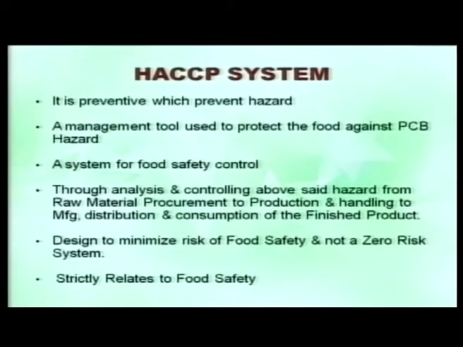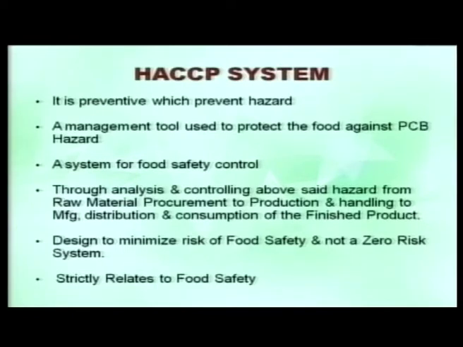Now, just before we go into detail about the prerequisite programs, here is an overview of the HACCP system, which is a preventive system to prevent hazards. It's a management tool to protect the food against physical, chemical and biological hazards.